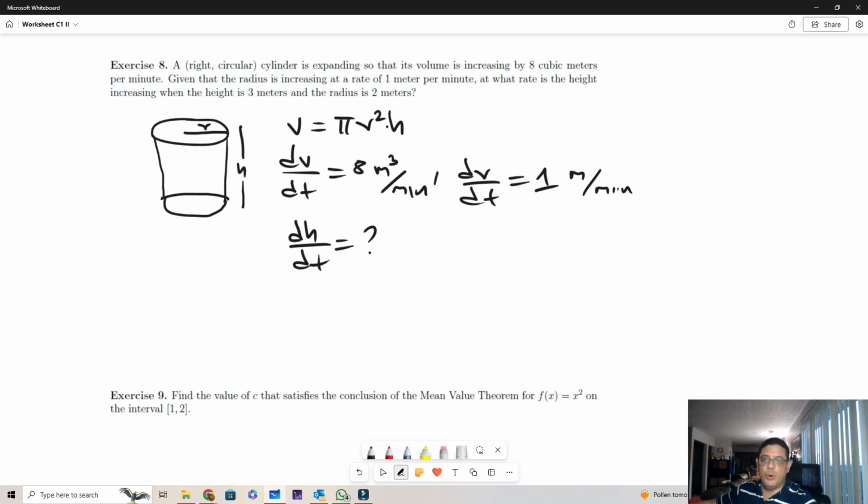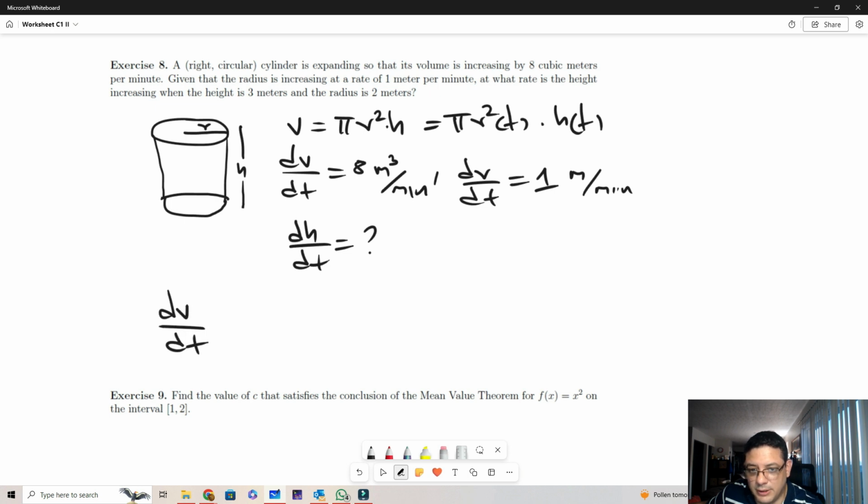And so one of the things is that notice that we're considering that this function is all in terms of time. So r squared is really r squared of t, and h is also a function of t. So if we calculate dV/dt, by the derivative of this function, this is going to be 2 pi r. And there's a product rule here, so we're doing the derivative of the radius, so we have to multiply by dr/dt.